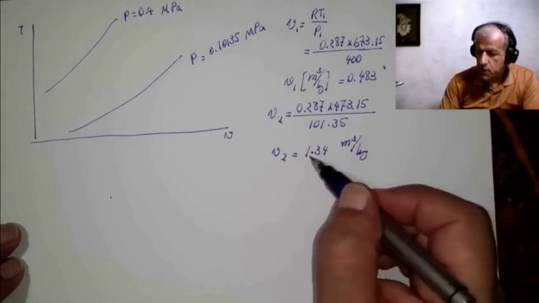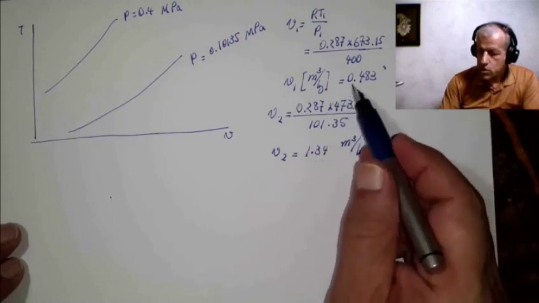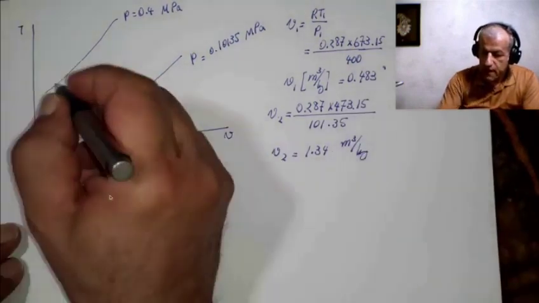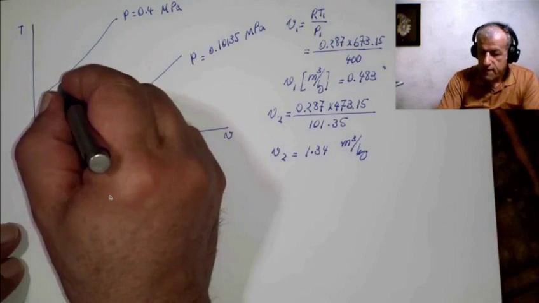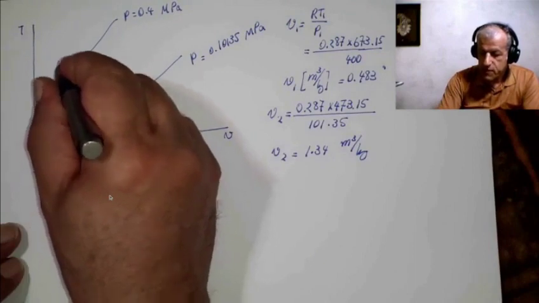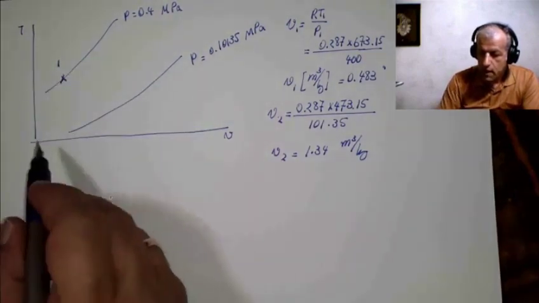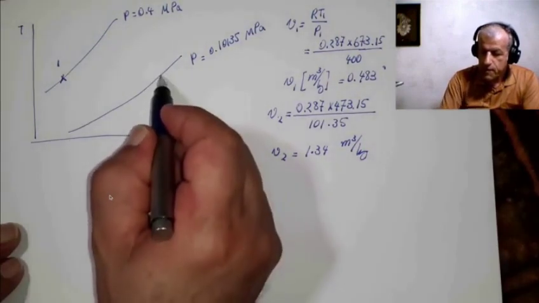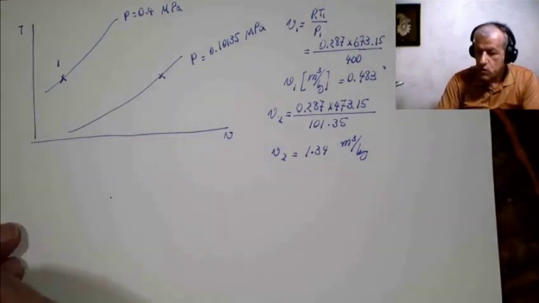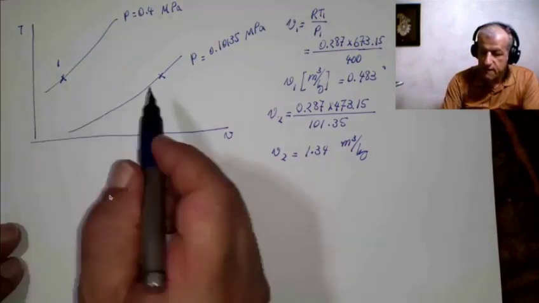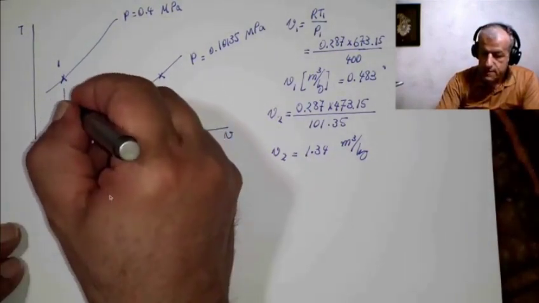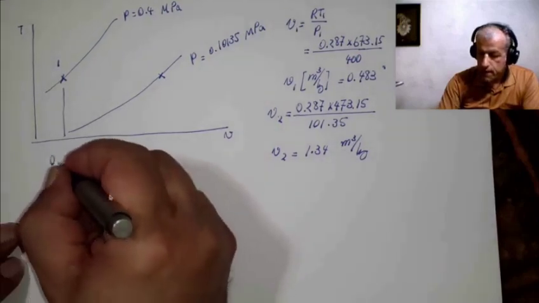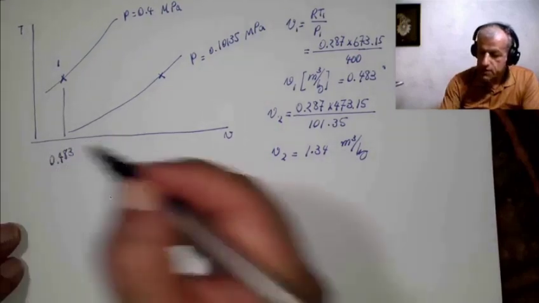So if you want to draw a good drawing for these two values, in fact, one should be somewhere here. This is 0.1 and 0.2 should be somewhere here where V1 is 0.483.